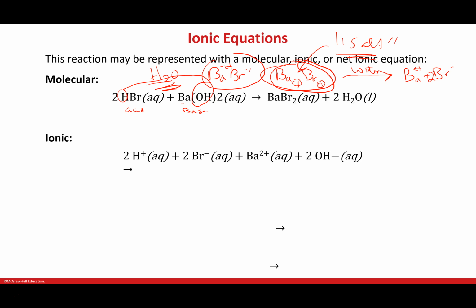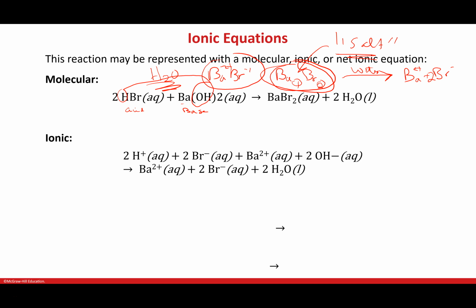So the next thing I have is basically just showing you that ionization. I'm basically breaking it apart. The first part, I broke up the 2 HBr, and I gave 2 H plus and 2 Br minuses.